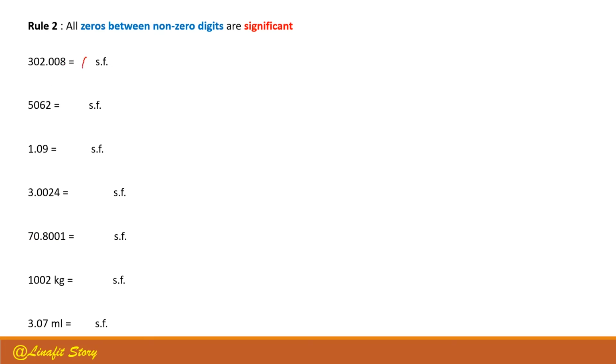It has 6 significant figures. 5,062, 4 significant figures. 1.09, 3 significant figures. 3.0024, 5 significant figures. 70.8001, 6 significant figures. 1,002 kilograms, 4 significant figures. 3.07 milliliters has 3 significant figures.